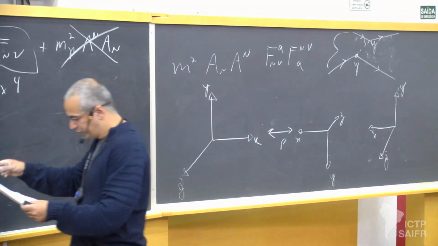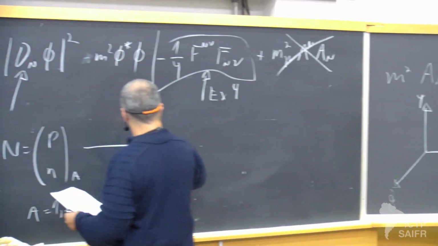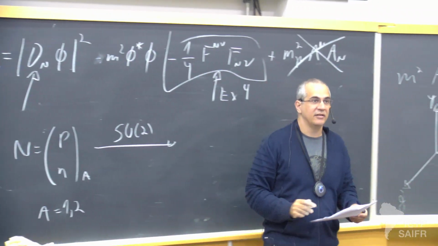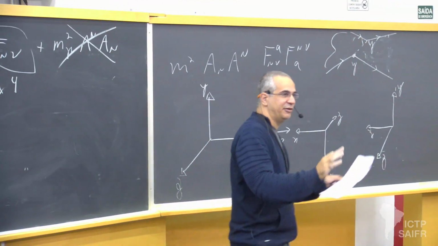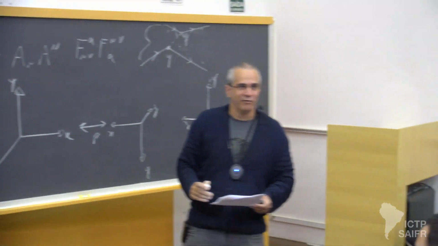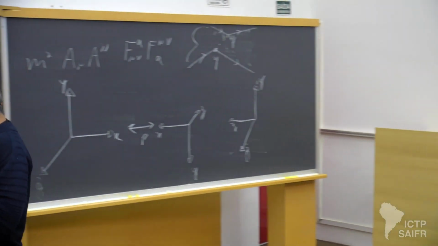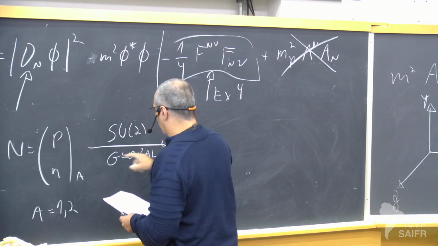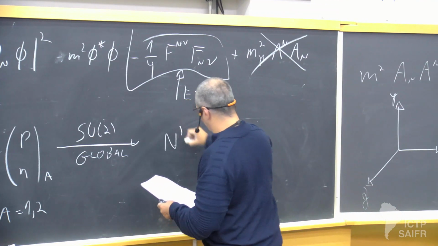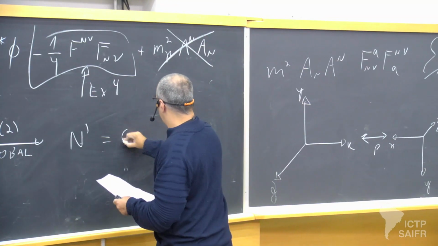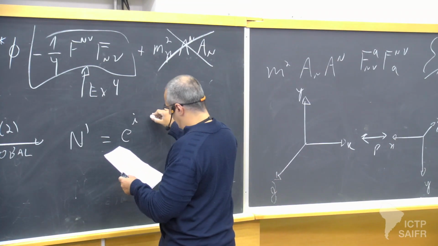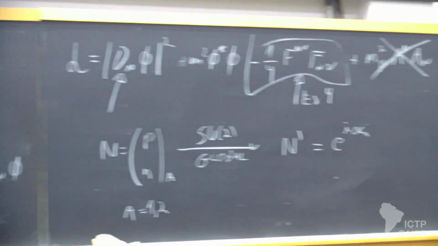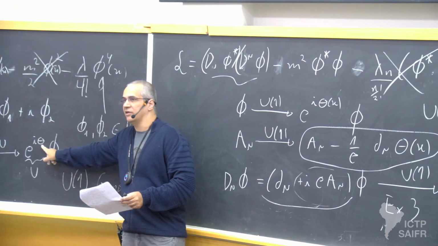And these guys transform under an SU(2) group, which is the one that you have used all your life without knowing, for spin, right? And it is a global one, so that the nucleon goes into N prime, which is an exponential of some i alpha. Alpha here plays the same role as this theta, right? It's just a number.